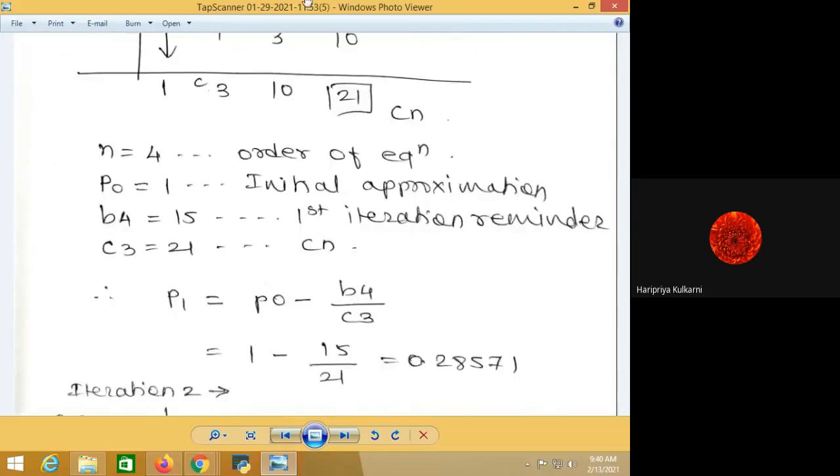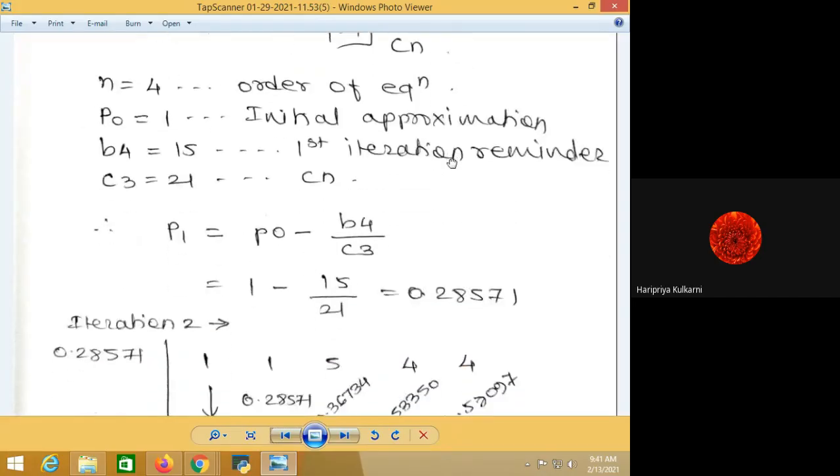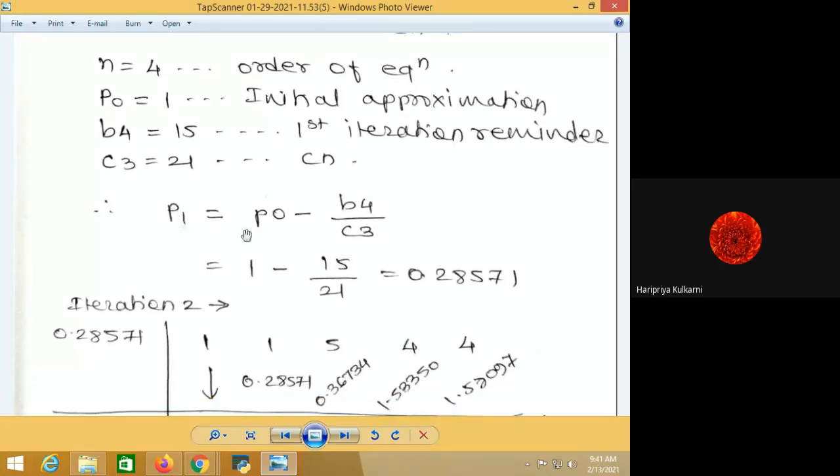The initial approximation was 1, B4 we just calculated is 15, and C3 is 21. Putting these values in the formula, P1 equals 1 minus 15 upon 21. So it comes to be 0.28571. This is our next root.